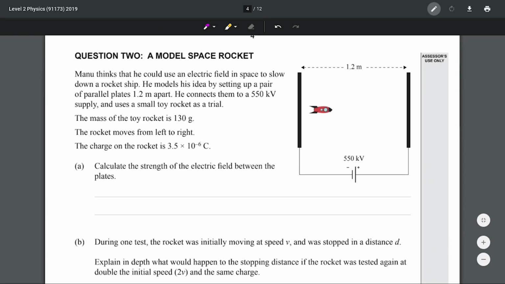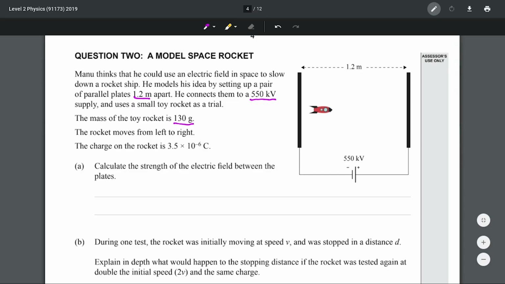Question 2. Manu thinks that he could use an electric field in space to slow down a rocket ship. He sets up a model with a pair of parallel plates 1.2 meters apart. He connects them to a 550 kilovolt supply and uses a small toy rocket as a trial. We're given the mass of the rocket.